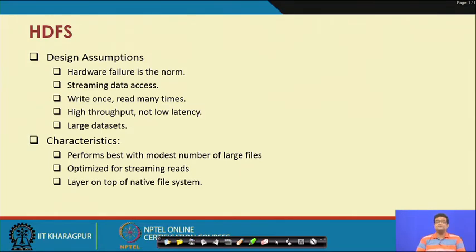The next assumption is that it is a high throughput, not low latency system. What this means is that if you try to access data randomly, or if your application is designed in such a manner that you are making many random accesses to different files or even different parts of the same file, then your application may run slower, as opposed to if you make a high throughput read of the whole data.